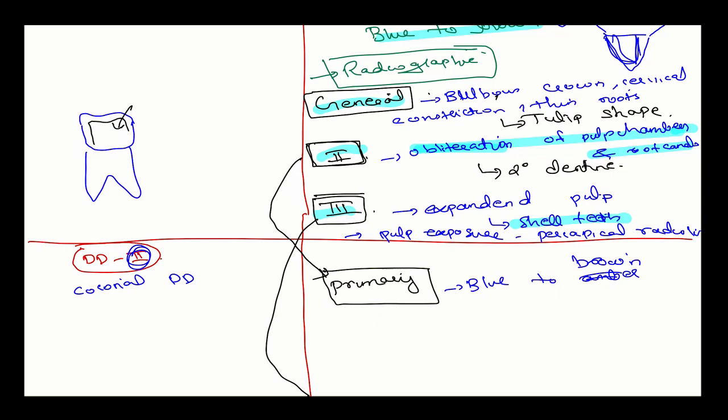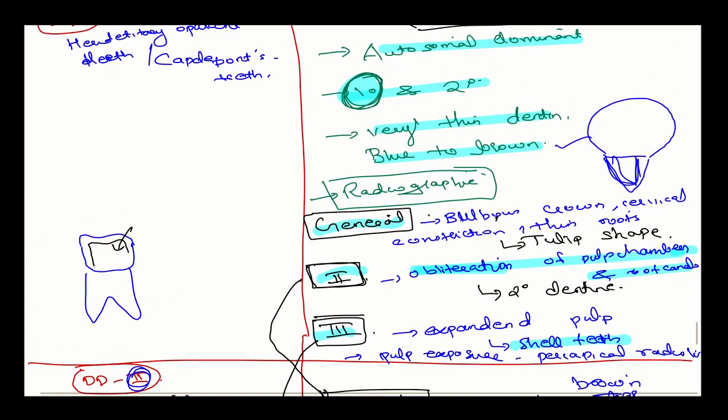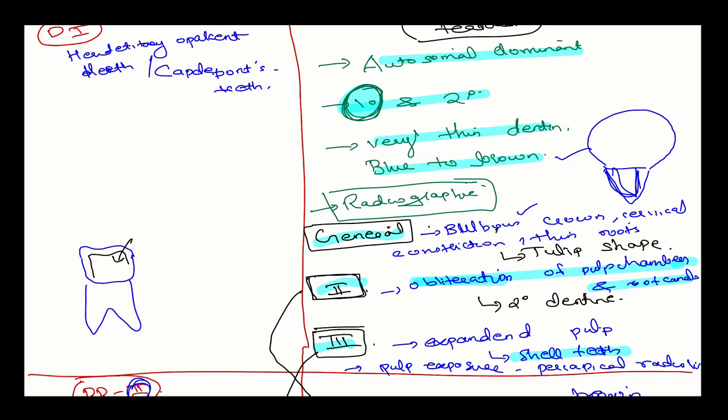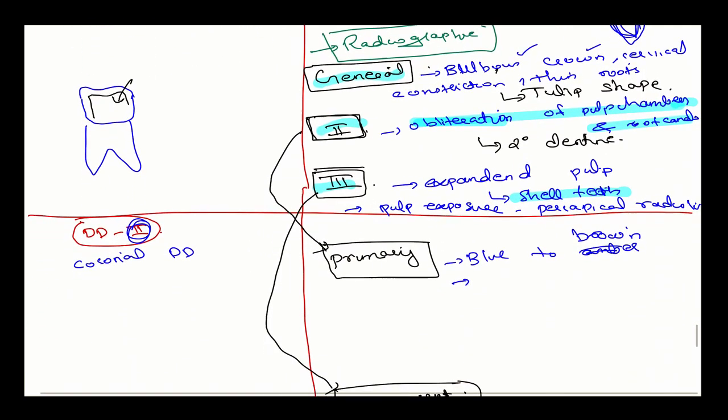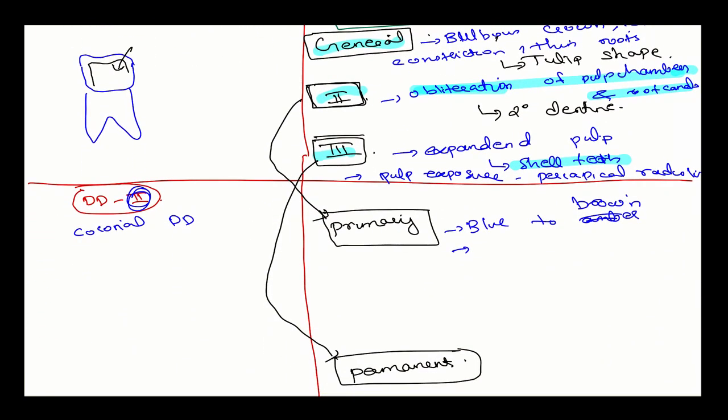And similarly there is bulbous crown, cervical constriction, thin roots, which is also a general feature. Everything was a general feature of dentinogenesis imperfecta. So it's bulbous crown, the tulip shape, cervical constriction, all this, which is actually a general feature.